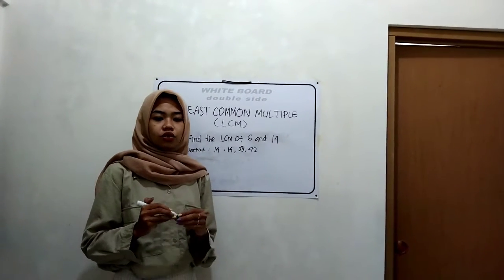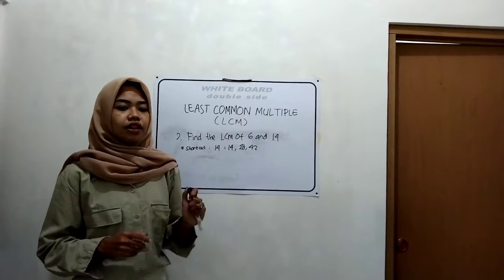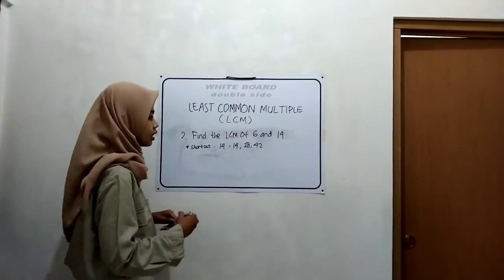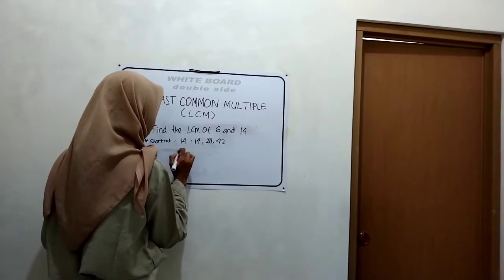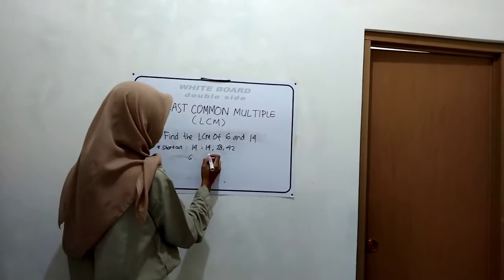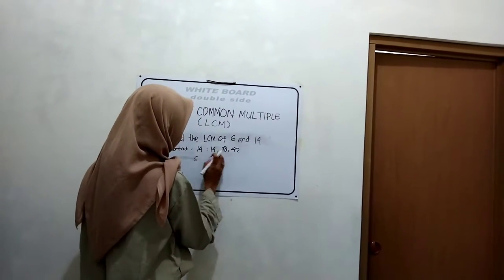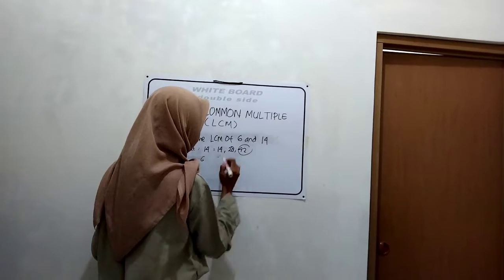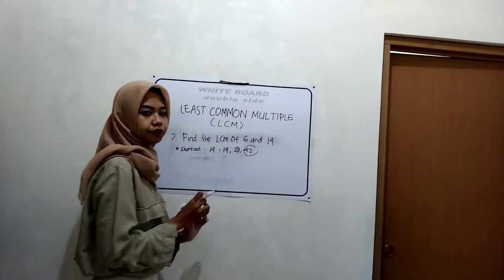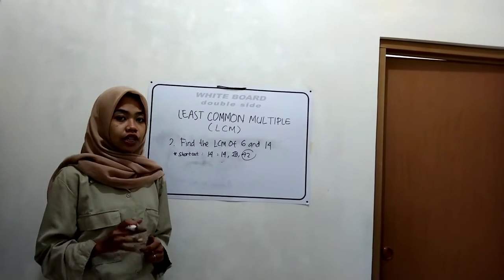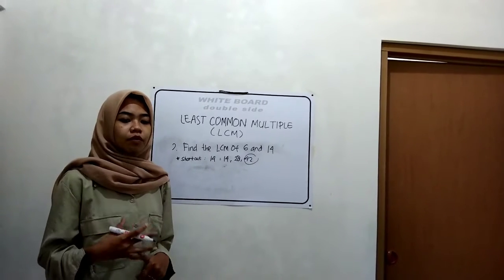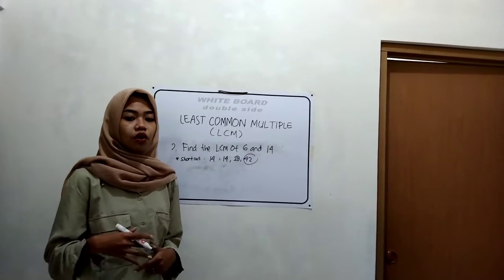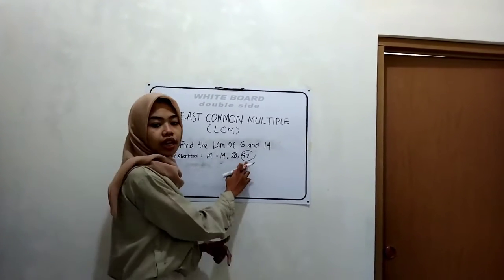I'm just going to check whether any of these are also multiples of 6. 14 no, 28 no, and then 42. 42 is, so 42 is the least common multiple.